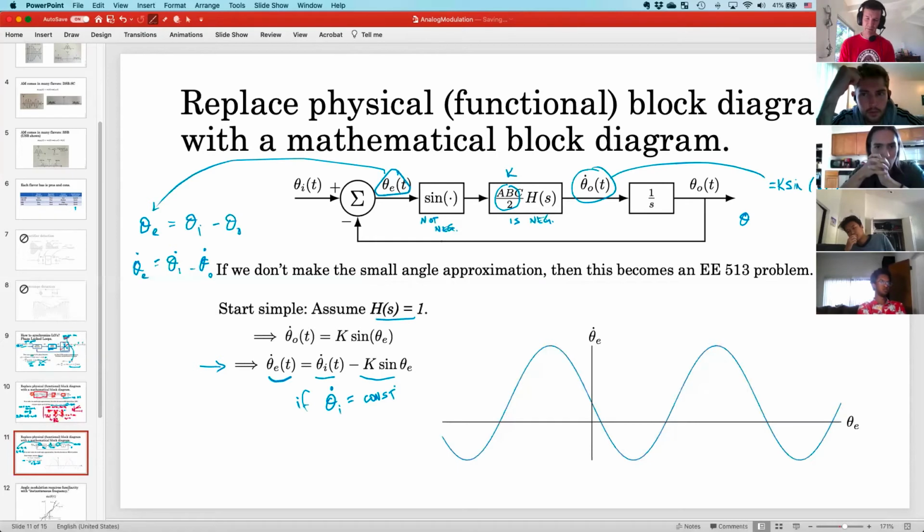Does anyone have a question about why I can do this? This is just an offset sine wave, with a quote unquote DC offset given by theta I dot.